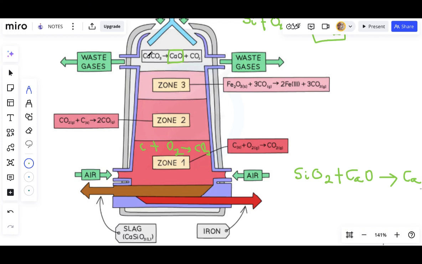So how to get rid of silicon dioxide is that the limestone we fed in will be broken down because of heat into calcium oxide and carbon dioxide. Carbon dioxide escapes. This calcium oxide reacts with silicon dioxide to produce a slag, which we are now able to get rid of. And the molten iron, which is denser, flows to the bottom, and it's obtained from here.